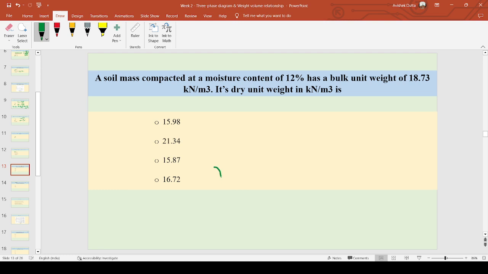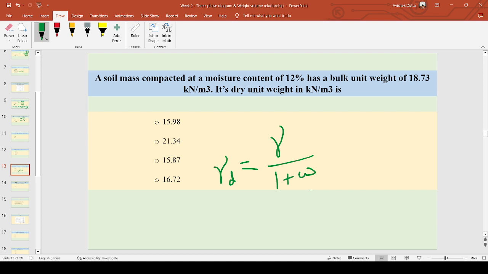So what is the formula for dry unit weight? Gamma d is equal to gamma divided by 1 plus w. If you know the formula, you can solve this question. Gamma is the bulk unit weight. w is the moisture content, 0.12.